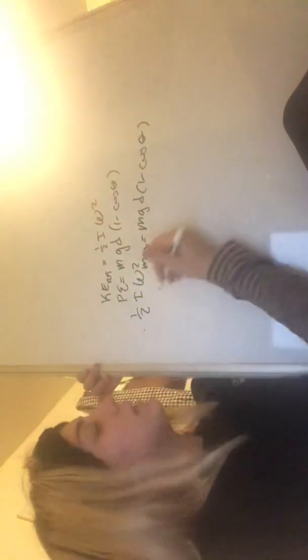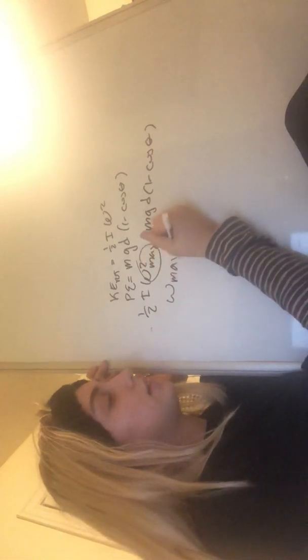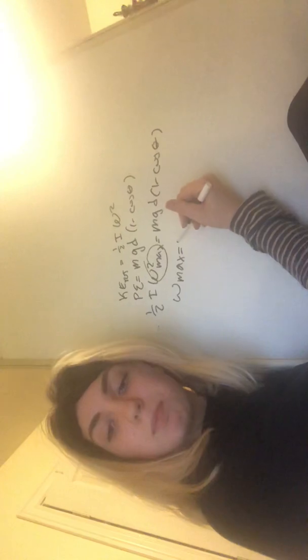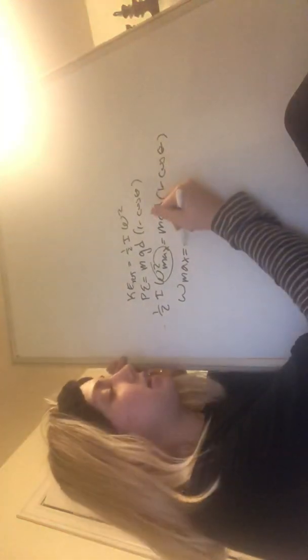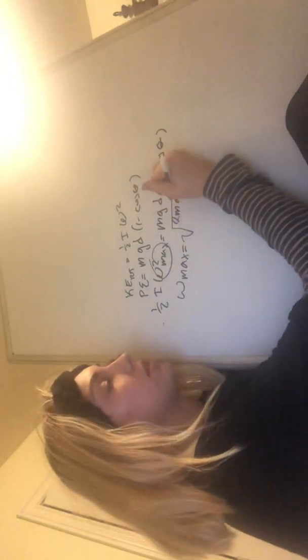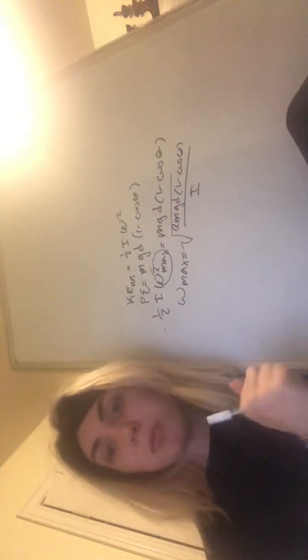And then I just rearrange it to solve for this. And I get that the max angular speed is equal to root of 2 mass, gravity, distance, (1 minus cosine theta) divided by the moment of inertia, which we found in part A.